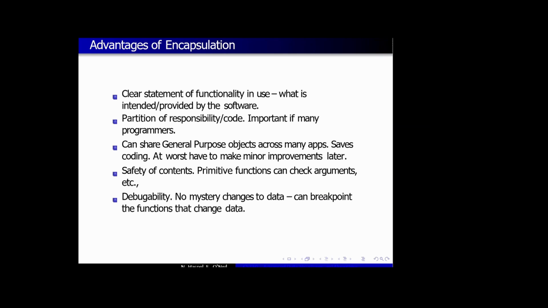You can breakpoint the API and catch it on the way in to changing your data, so you can figure out what's going on. If you don't have encapsulation, a memory reference can go and destroy part of your crucial data as it runs. This is particularly common in C, because C has pointers, and pointers can point anywhere. Java is a little bit better even without encapsulation, but still, encapsulation helps a lot, even in Java.